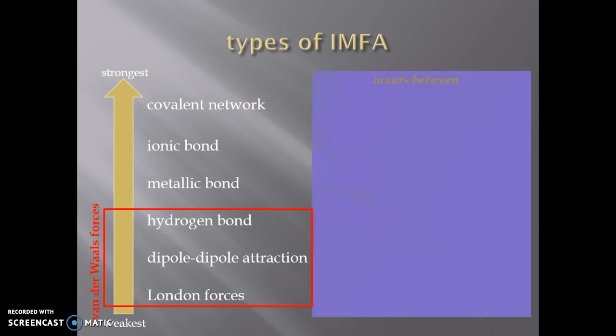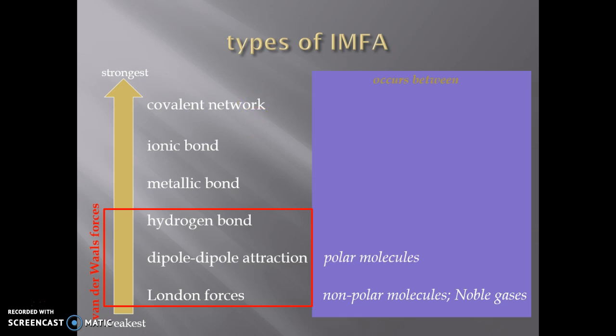So let's take a look at, or refresh your memory at least, what kinds of substances have these different interactions. Starting with London forces, those are the weakest, and those kinds of intermolecular forces occur between nonpolar molecules and between noble gases. We're going to get into details of all of these eventually, but we just want to do a summary here.